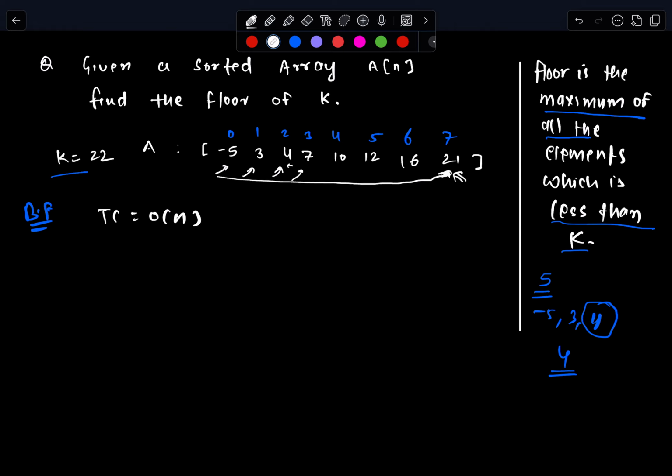And this is my answer in that case, because the last element is also less than 22, but after this we can't iterate. So this is the possible answer. And in this case, we have iterated all the elements. So that's why the time complexity for this linear search is O of n, right? Because in the worst case, and like I said in the previous video, time complexity always works on the worst case. We have always considered the time complexity on the worst case. Okay.